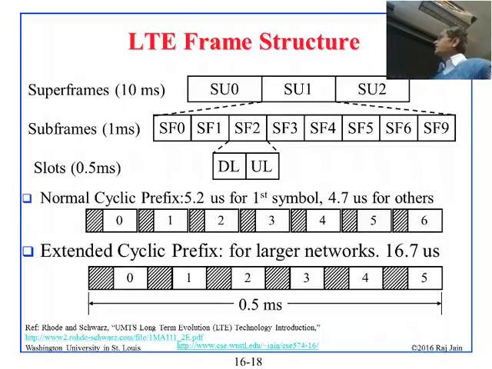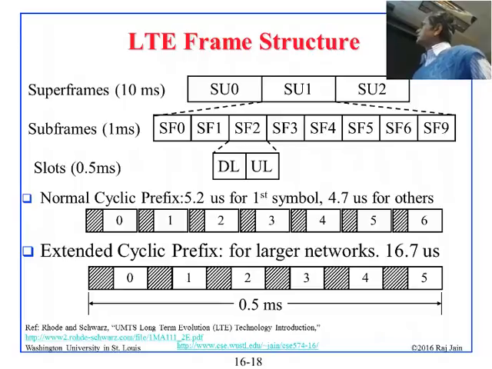During this slot, you can do the downlink. During this slot, you can do the uplink. Okay? Now, during these, you can send symbols like this. You have a symbol and you have a prefix, right?